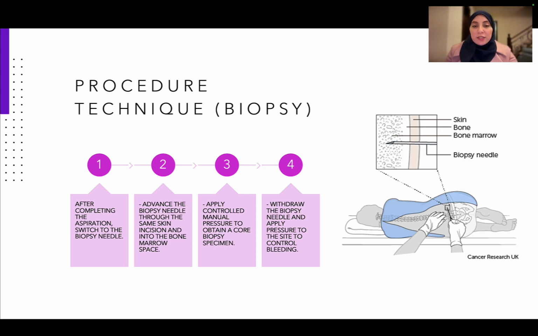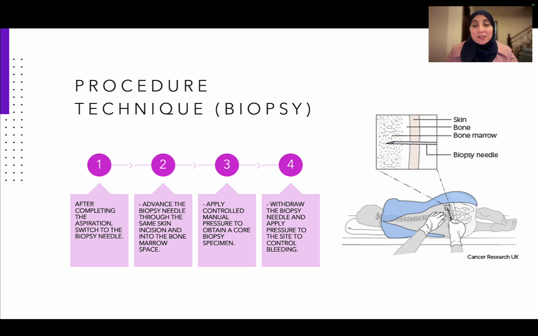So we switch to another needle usually, or we switch the head of the needle, and then we advance the biopsy through the same skin incision into the bone marrow, and we apply a controlled manual pressure to get a core biopsy specimen, and we withdraw the biopsy slowly, applying pressure afterward to control the bleeding.